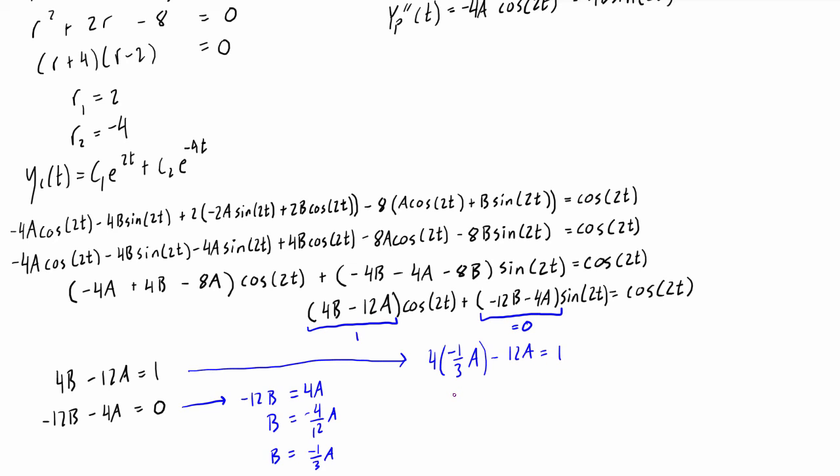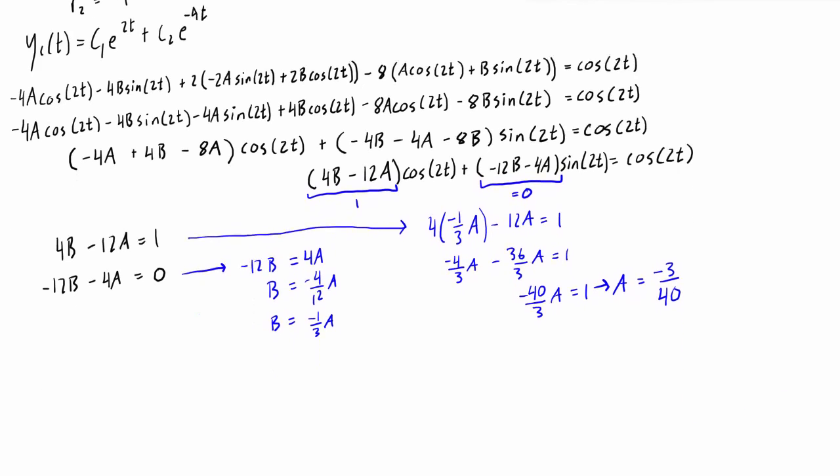We can simplify this a little, giving them the same denominator: negative 4/3 a minus 36/3 a equals 1. So we find that negative 40/3 a equals 1, and we can rearrange that to find that a equals negative 3/40.